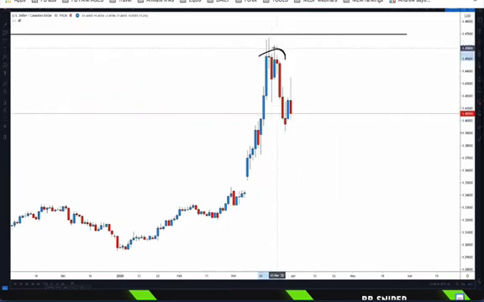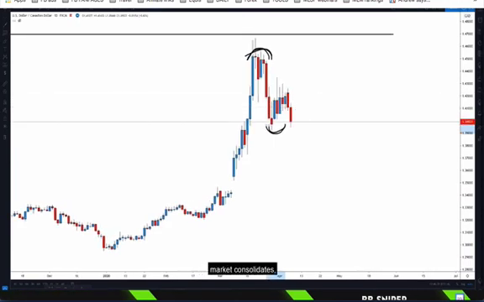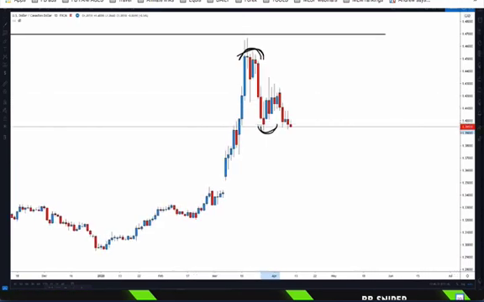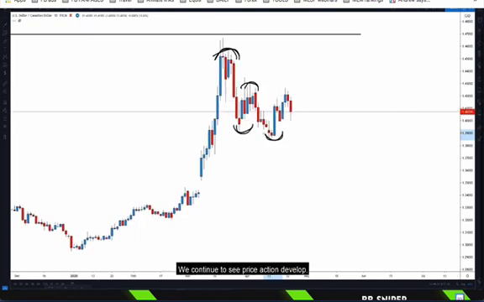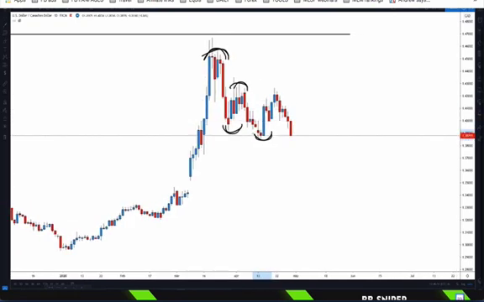We have this high, we get this low. Market consolidates. Lower high, lower low. We continue to see price action develop.